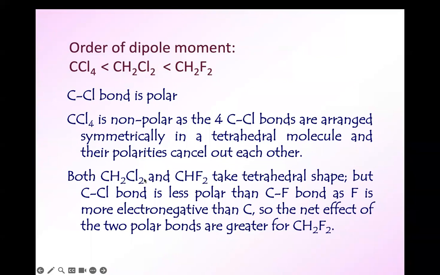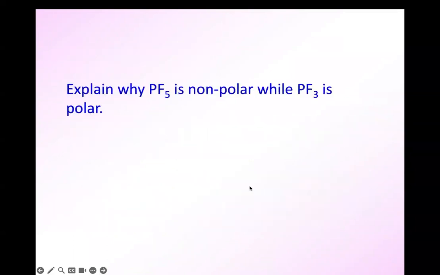However, CH2Cl2 and CH2F2 take the tetrahedral shape as well. However, the C-Cl bond is less polar than the C-F bond. Fluorine is more electronegative than carbon or chlorine. So the net effect of the two polar bonds is greater for CH2F2, just the same case as the previous slide.